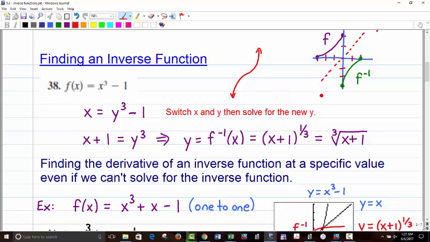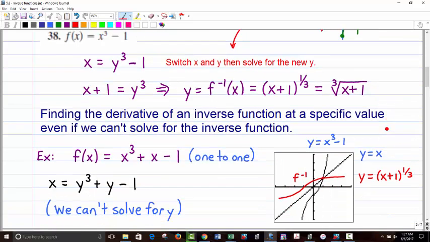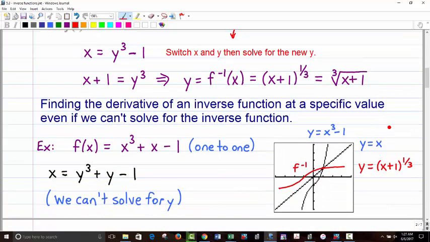In other words, we want to find the tangent slope, rate of change, all the stuff that derivative gives you at a particular point. Well, for this example we just did, we found the inverse function. So all we would have to do is take then the derivative of this cube root of x plus 1 and then plug in our x. And that's all fine and dandy. However, what if the function is not really invertible algebraically?